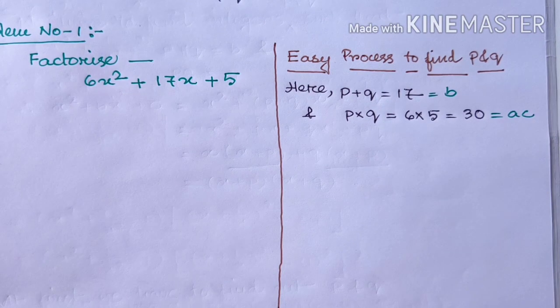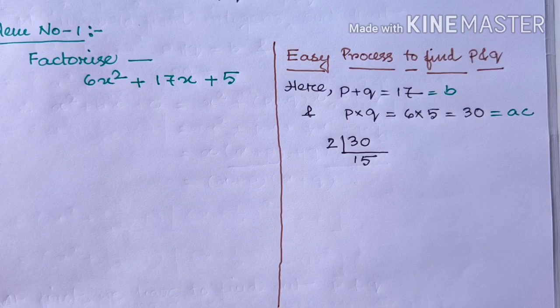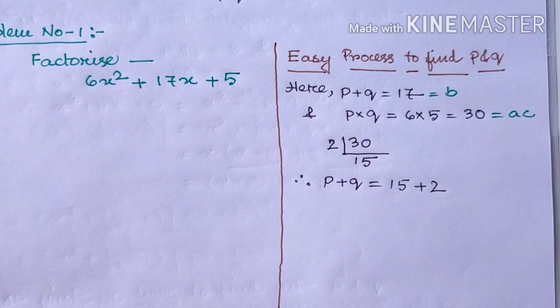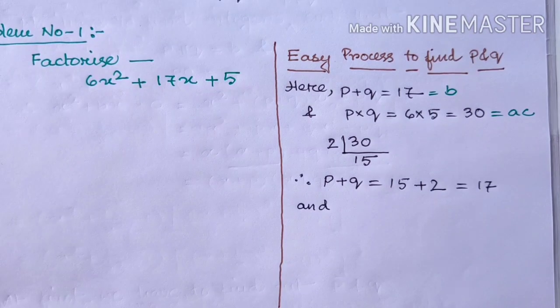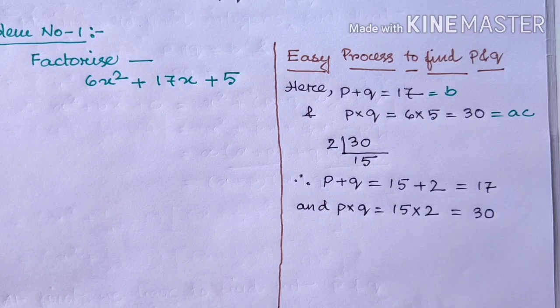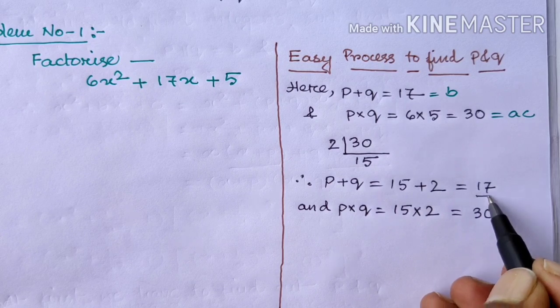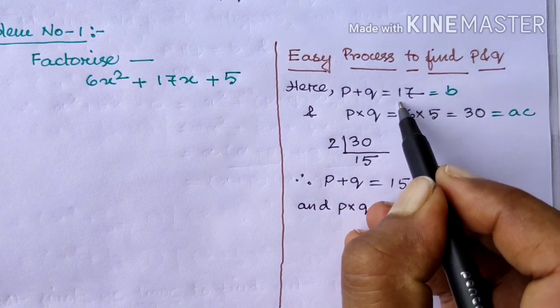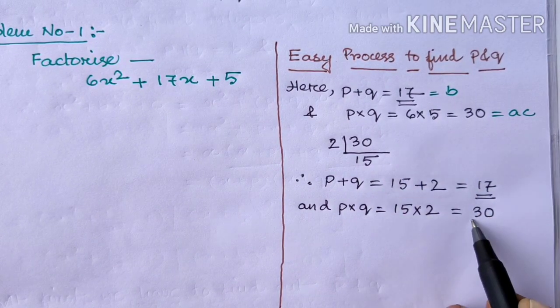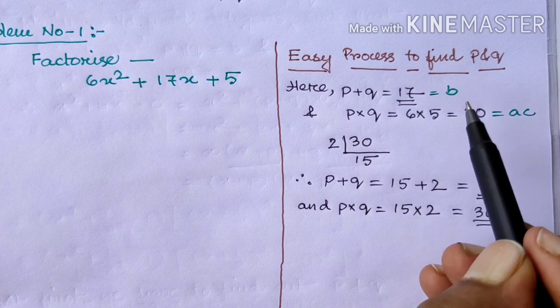Now we have to factorize 30 and we get 30 equal to 2 into 15, and p plus q equal to 15 plus 2 equal to 17 equal to b, and p into q equal to 15 into 2 equal to 30. Therefore the given condition is satisfied.